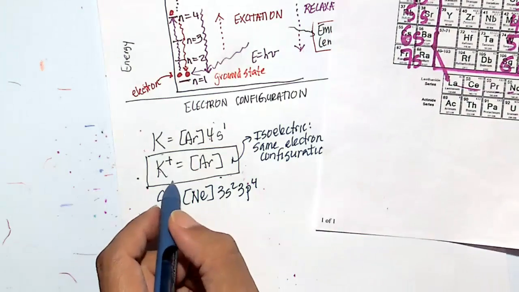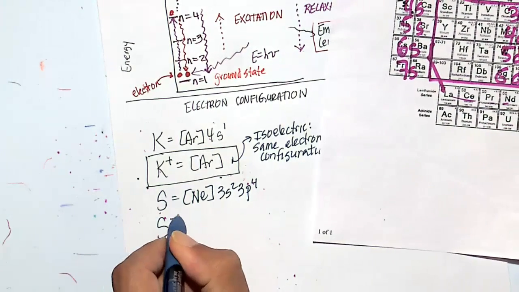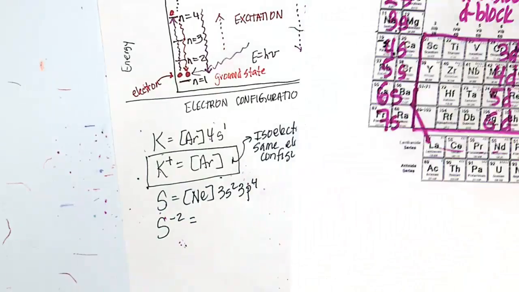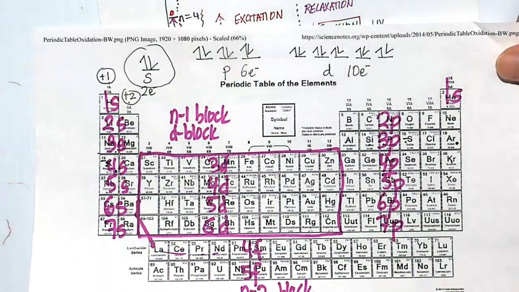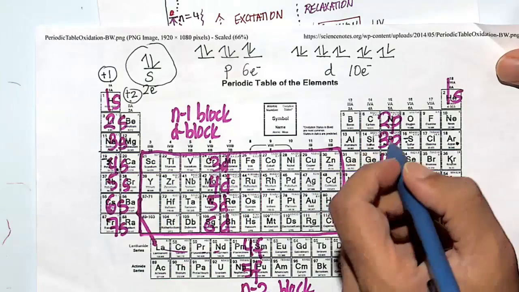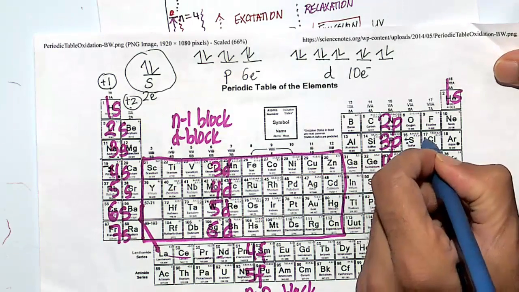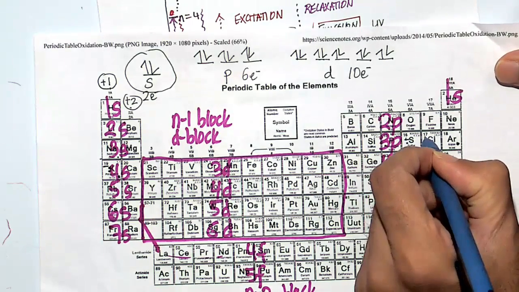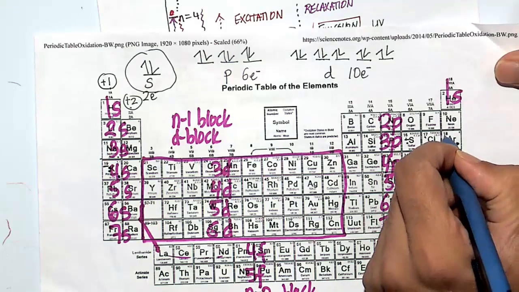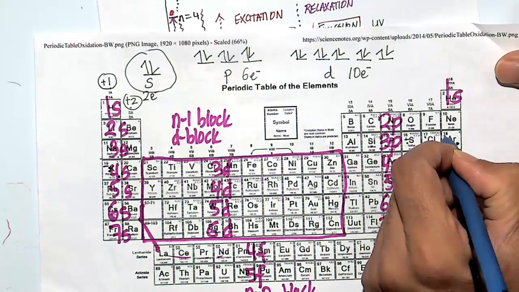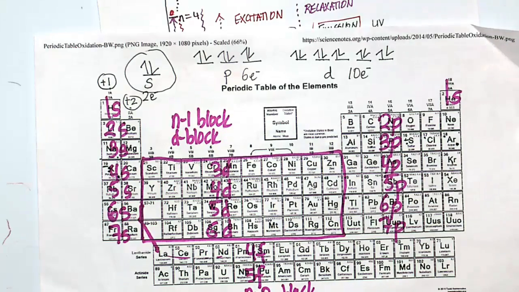Well, S is not going to be +1. Actually, S likes to be -2. Everyone see why it likes to be -2? If it becomes -2, it will gain 2 electrons, and then it will have the same electron configuration as argon, its nearest noble gas.